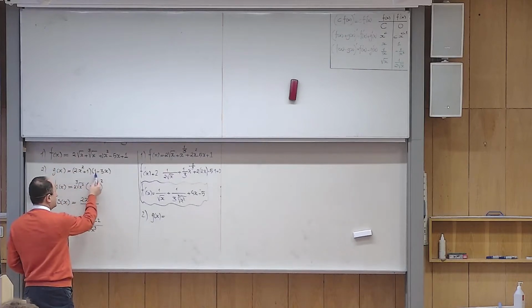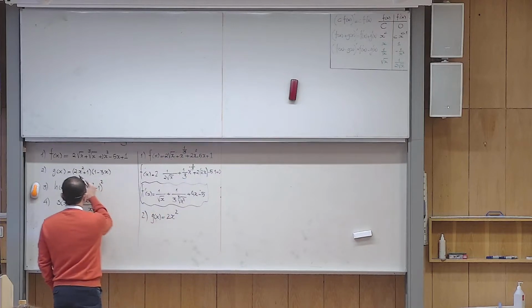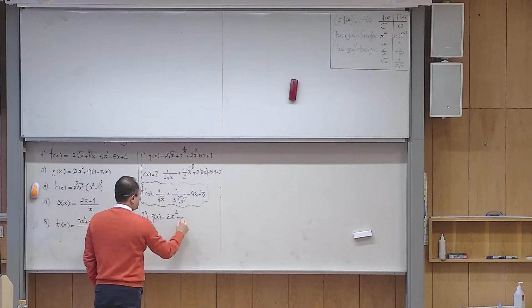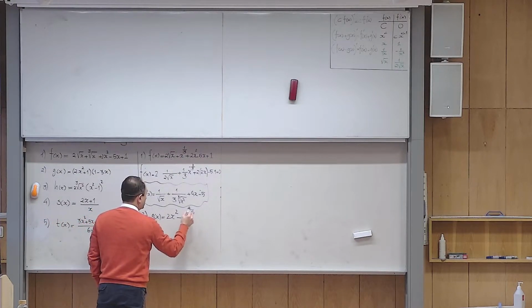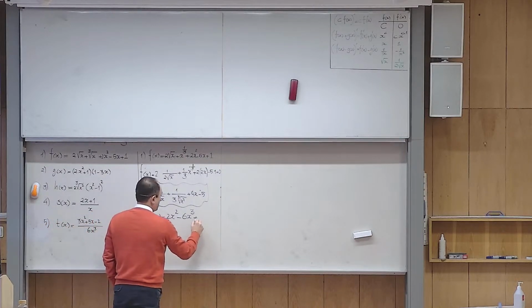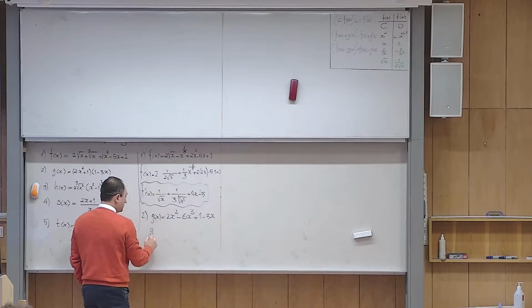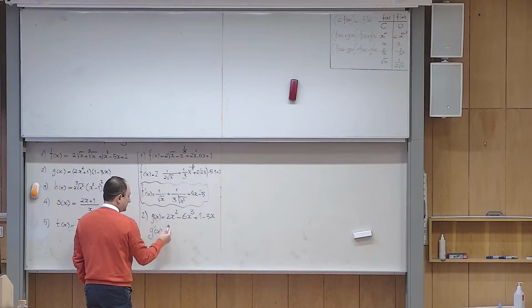So this becomes 2x squared times 1. And then 2x squared minus this is minus 6x cubed. And then this becomes plus 1 minus 3x. This is one of those cases that I think it would be better to do it very fast. Yes, I think it's very easy for you.